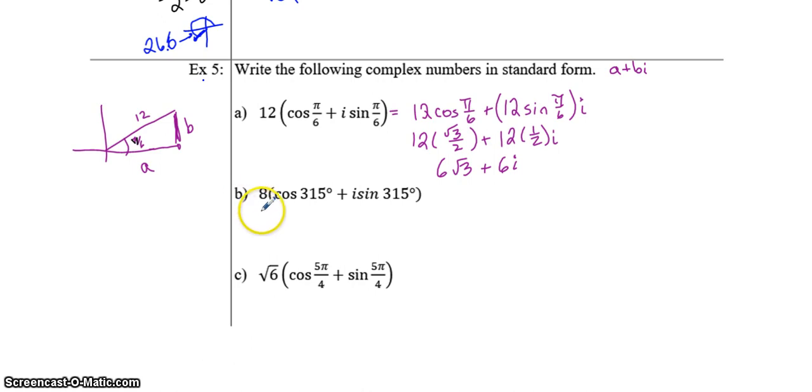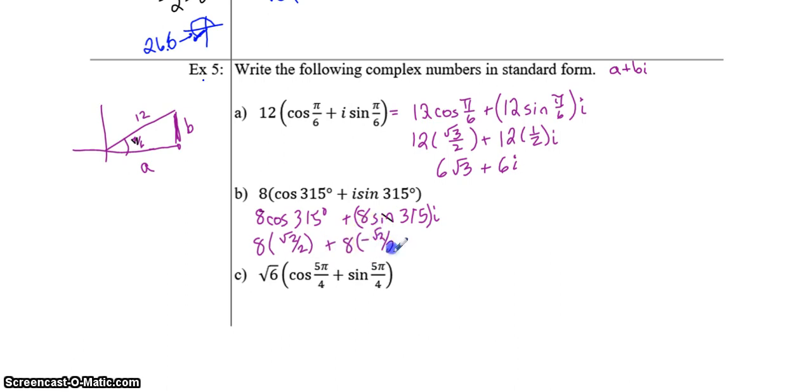Do the same thing here. 8 cosine of 315 plus 8 sine of 315 times i. So reference is 45, quadrant 4. Cosine's positive, sine is negative.